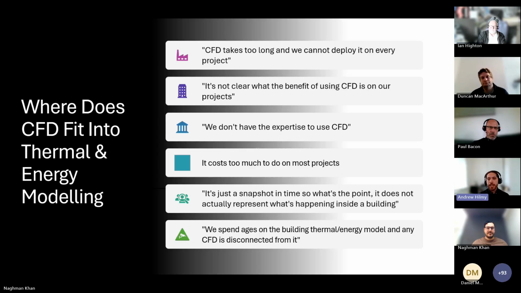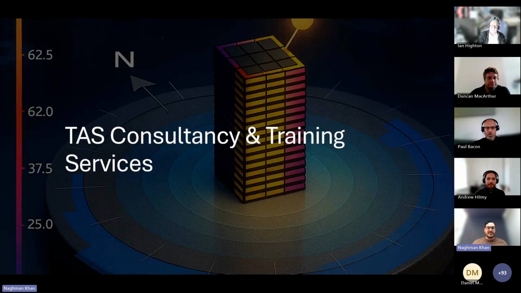Whereas we take away that requirement for all that expert skill set and make it much more accessible, and actually give practical result metrics at the end that you can use to inform your designs. So that's the key takeaway, really. But I'll save some time for questions. Yeah, let's get onto some questions.